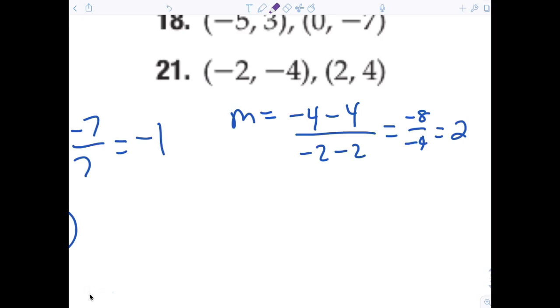Second one. So it's y minus 4 equals 2 in parentheses x minus 2. Nice. Nice work.